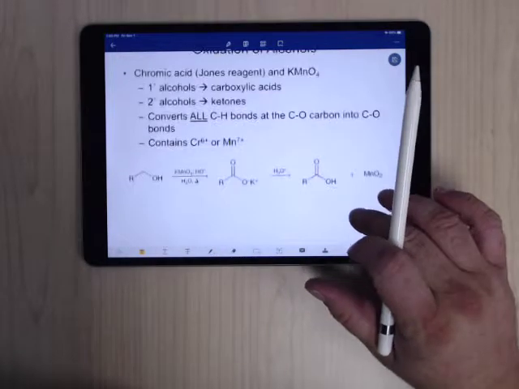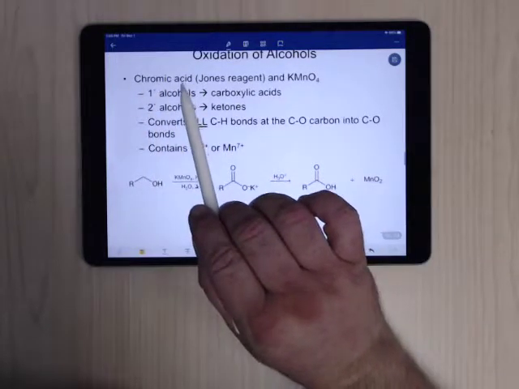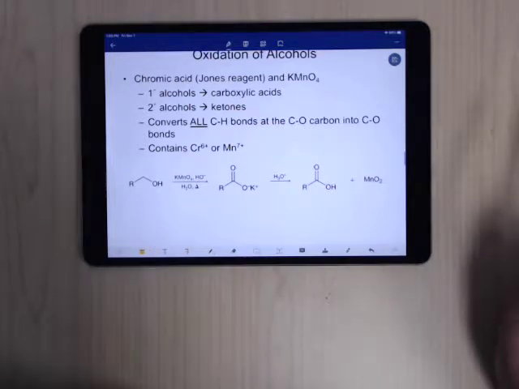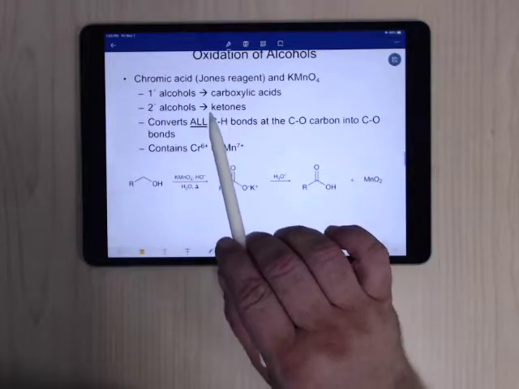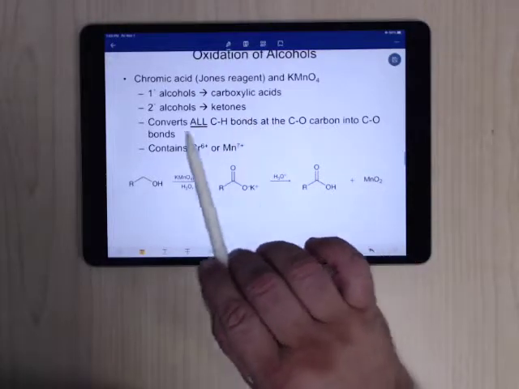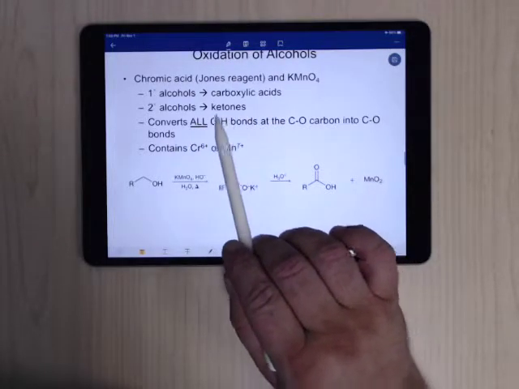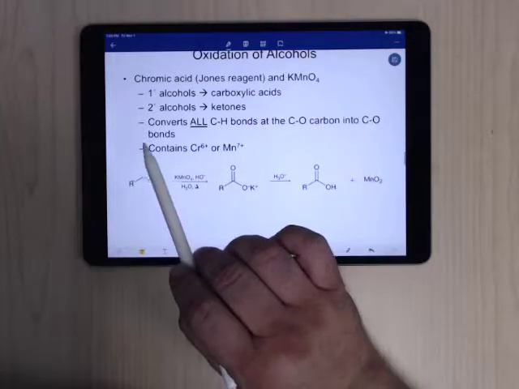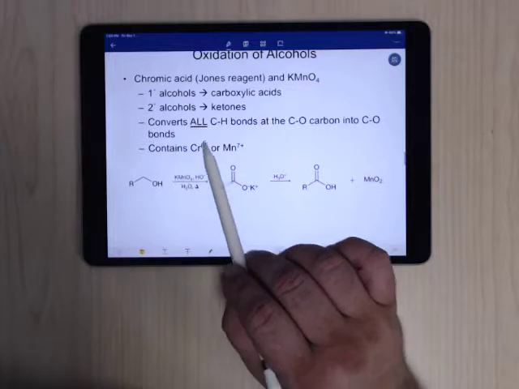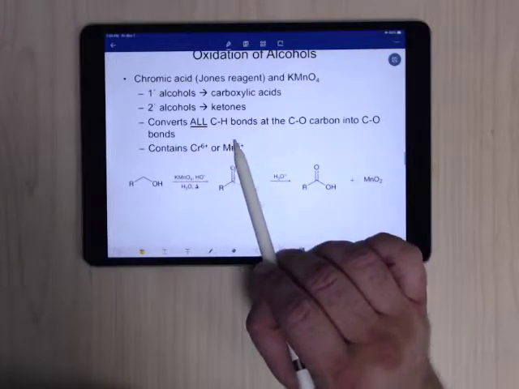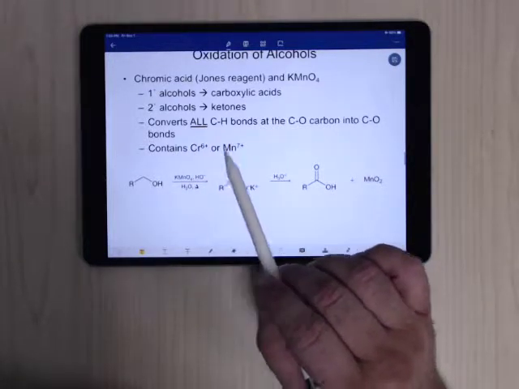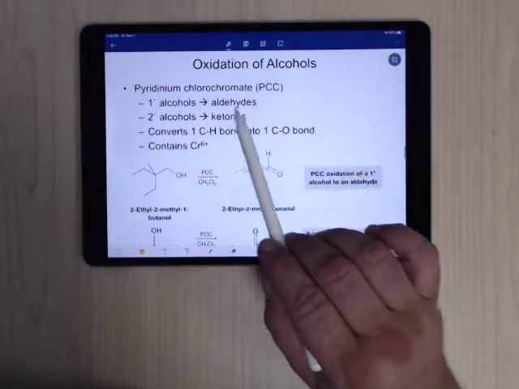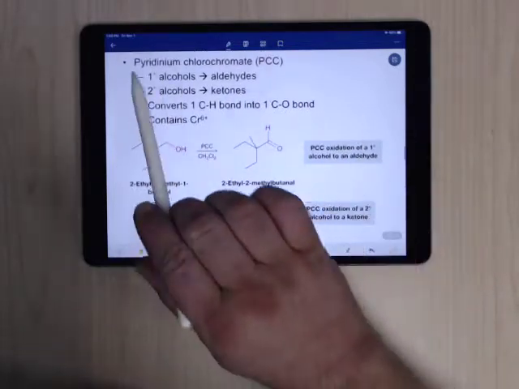Now, if you wanted to go all the way, you can use chromic acid. Those primary alcohols are going to be taken all the way up to the carboxylic acids. Secondary alcohols are going to be taken up to ketones. You convert all the available CH bonds on the carbon that has the alcohol into new CO bonds. But again, you're going to be working with chromium 6 and manganese 7, so these are going to be reactive. Now the difference between chromic acid and PCC is that this one is basically poisoned by the pyridine.